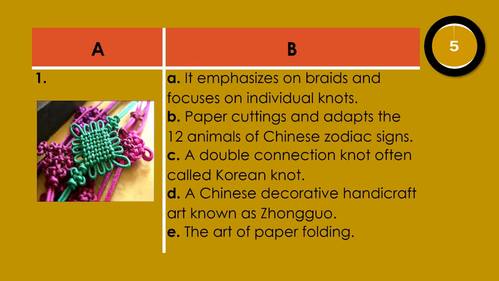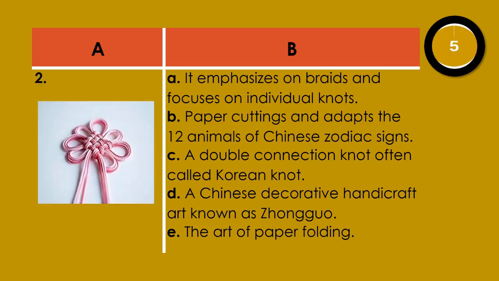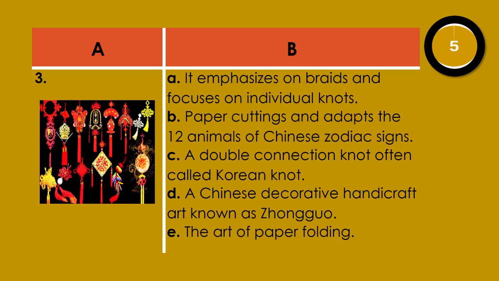Let's have number 1. You have 5 seconds. Time is up. Let's have number 2. You have 5 seconds. Time is up. Let's have number 3. You have 5 seconds.